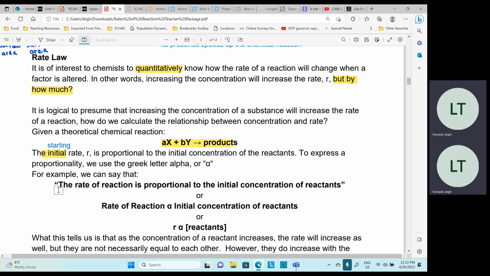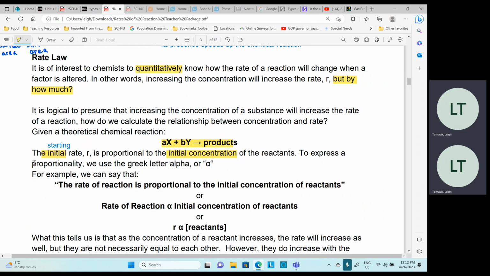Okay, so we're just looking at the initial rate, meaning how fast they start off, so we can compare chemical reactions. So the initial rate R is proportional to the initial concentration of the reactants. What does that mean? It means that the more concentrated the reactants are at the beginning, the faster the chemical reaction is going to go.